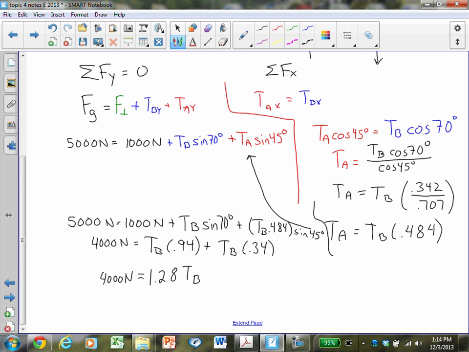Then divide by 1.28. TB would be 3,125 newtons. Comes out exact on my nice.